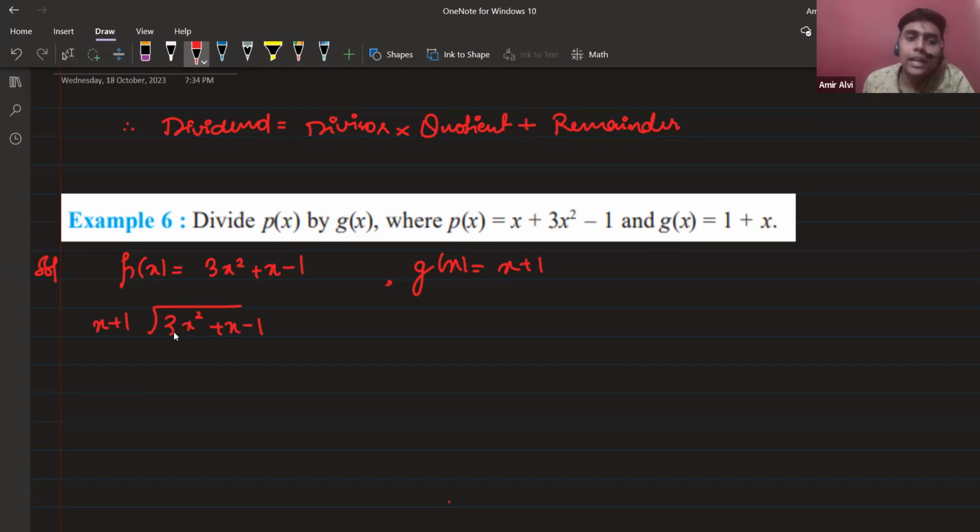So basically you have to multiply x with such a number and variable that you get 3x square. So now tell me, 3x square we have to make with x. What should I multiply with this x so that I can get 3x square?